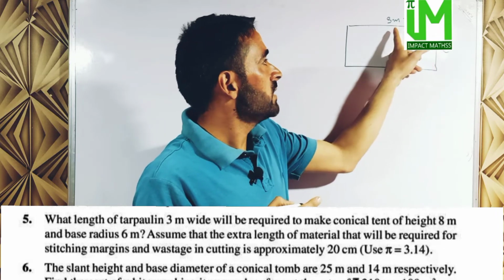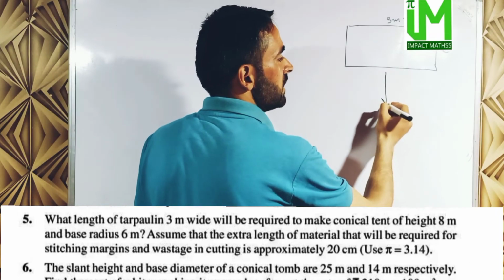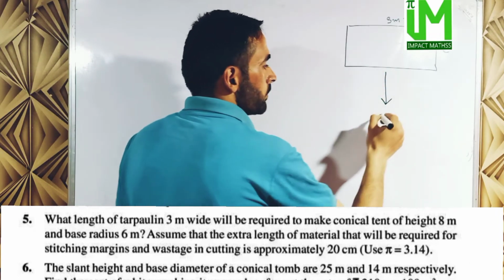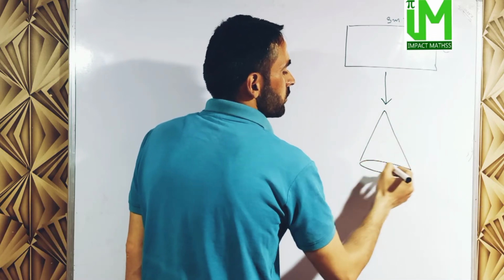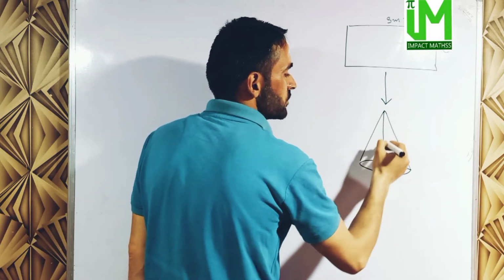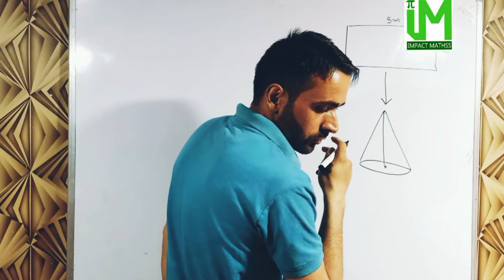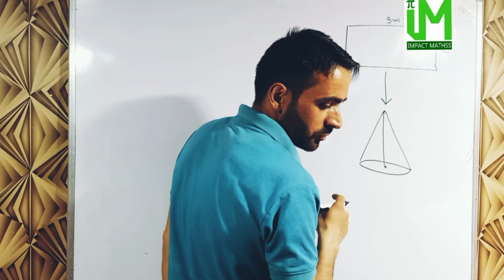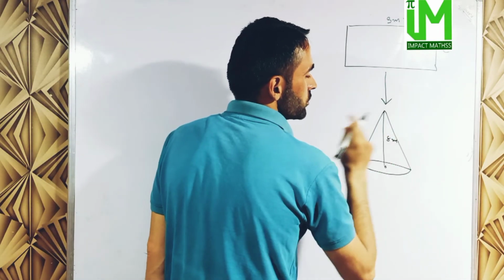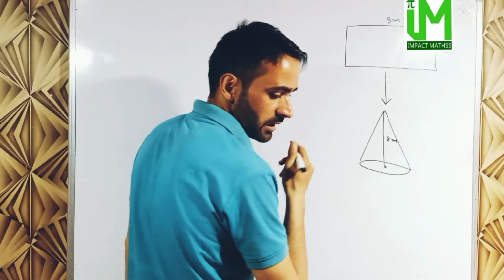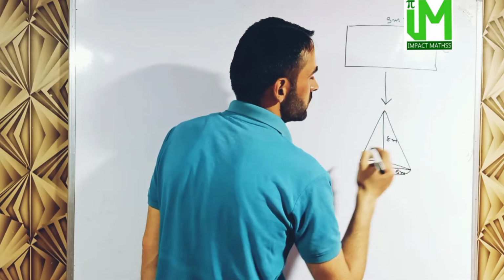This tarpaulin, this rectangle, we transform into a conical shape. The conical tent will be of height 8 meter, so the height is 8 meter and the base radius is 6 meter.